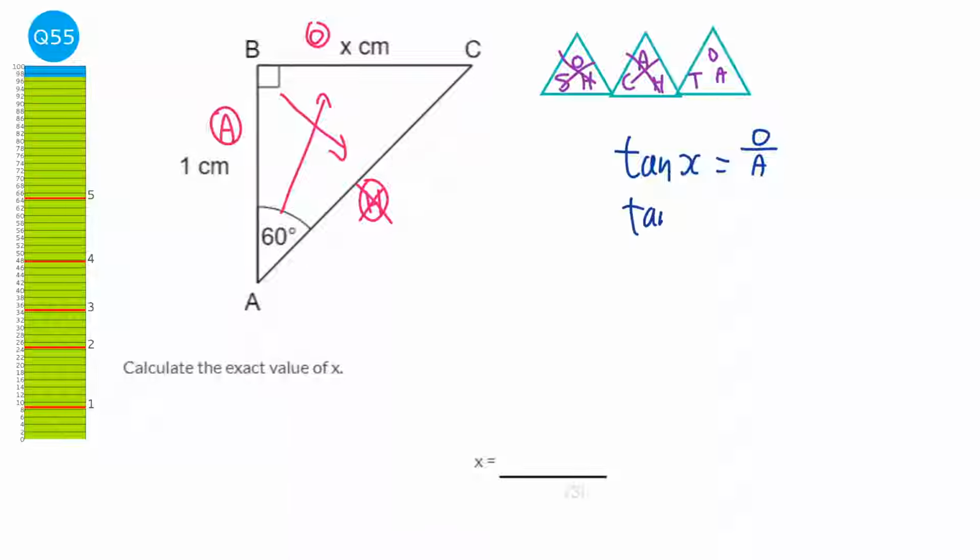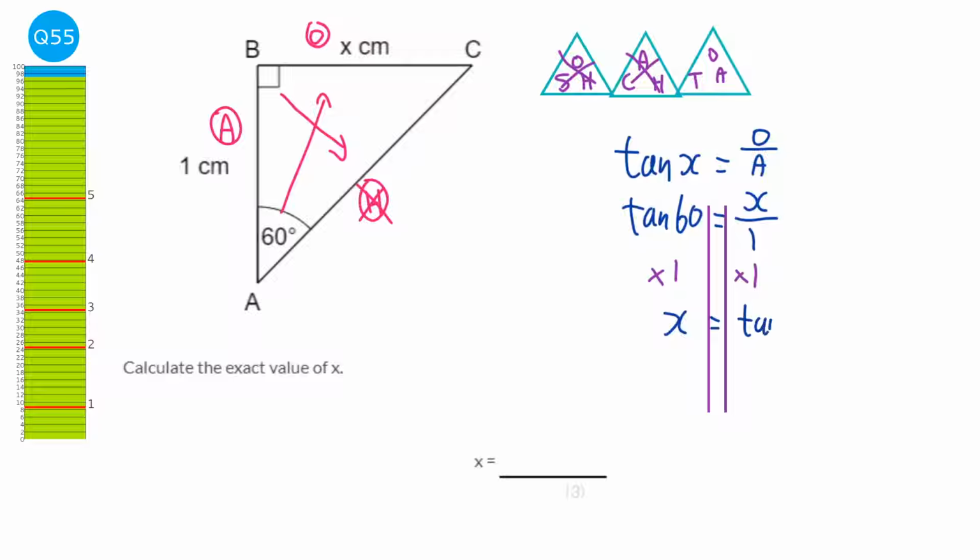The angle is 60, so it's tan 60 equals x over 1. And so now here, we're looking for the exact value of x. So if I times both sides by 1, or just get rid of the fraction, we end up with x equals tan 60.